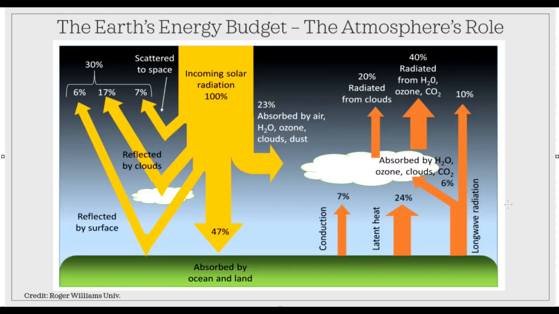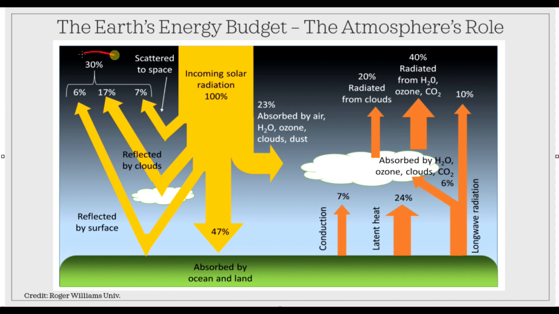For our second key point of why weather exists, that the Earth has an atmosphere. This diagram is a representation of what is called the Earth's energy budget, which demonstrates what happens when the solar energy that reaches the Earth interacts with the atmosphere.